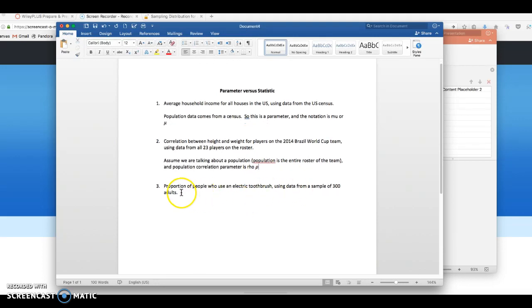And then lastly, number 3: the proportion of people who use an electric toothbrush, using data from a sample of 300 people. Since the information comes from a sample, this is a statistic, not a parameter. And the notation is p hat.